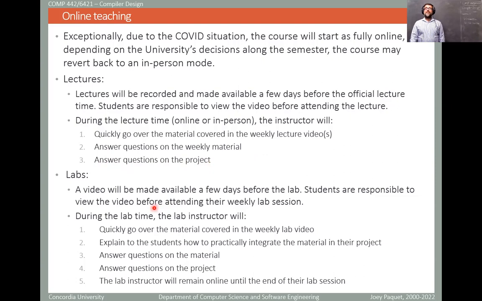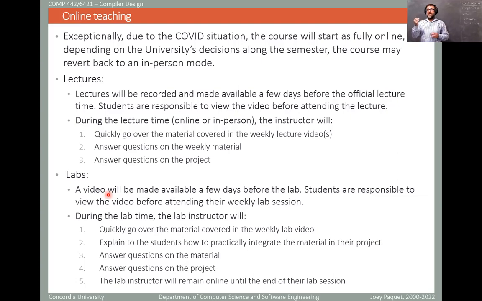For the labs, it will essentially be the same. What is the purpose of the labs? The lab instructors are there to help you with the development of the current phase of the compiler. You should look at the lab schedule, which is on the Moodle page and on my web page, which tells you what topics are being presented in every week of the lab.